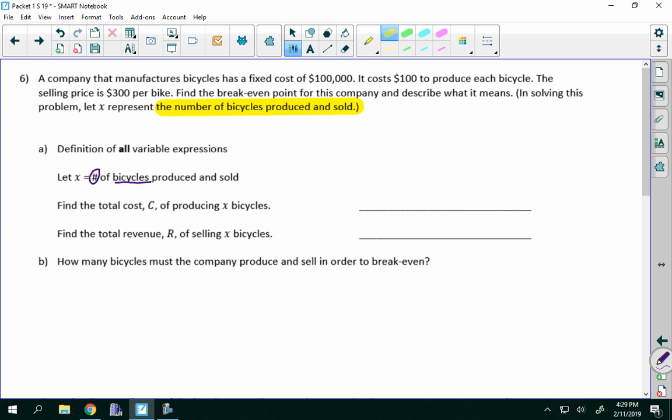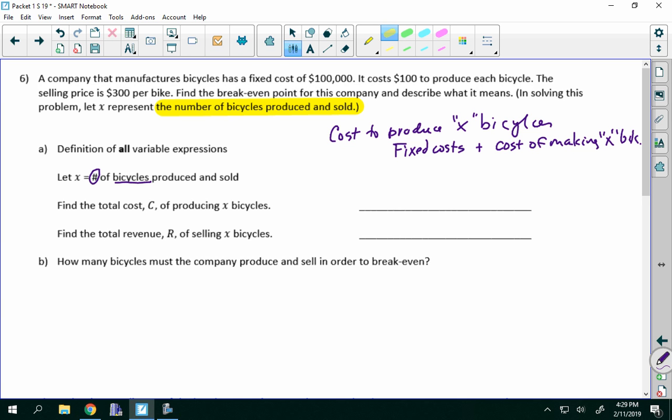Let's see how we would represent the total cost C of producing X bicycles. The cost to produce X bicycles involves two ideas: my fixed cost, plus the cost of making X bikes.